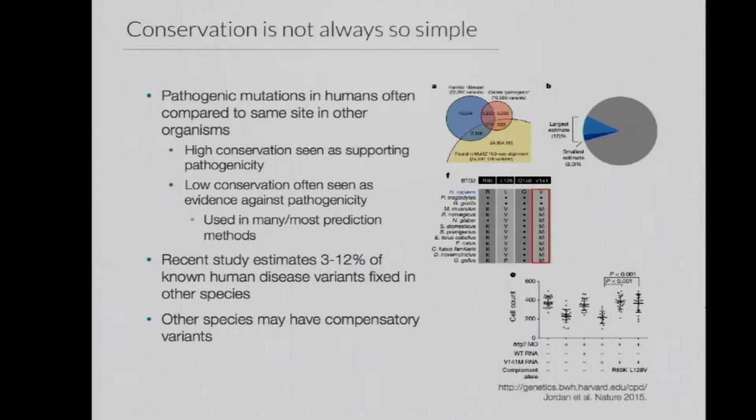Except there are a few papers published in the last year, most recently from Jordan et al. earlier this year, that show, surprisingly, that 3 to 12% of variants that are known to cause human disease are actually fixed. That allele is fixed in other species. So that debunks the whole conservation argument to some degree. There are always exceptions to the rule.